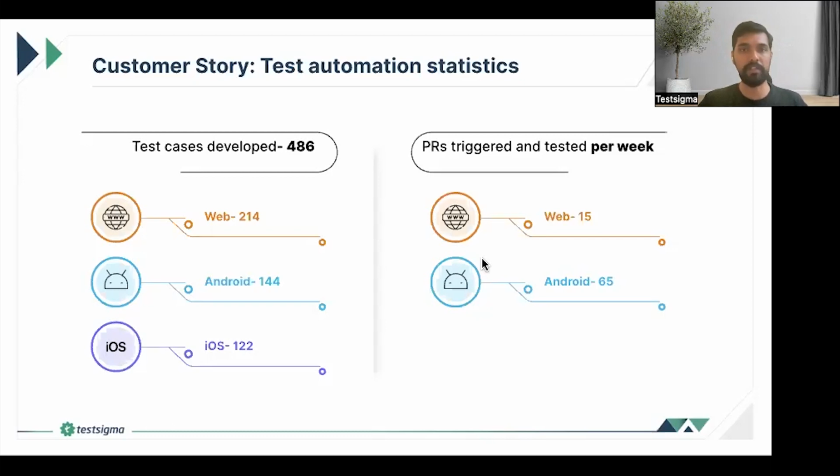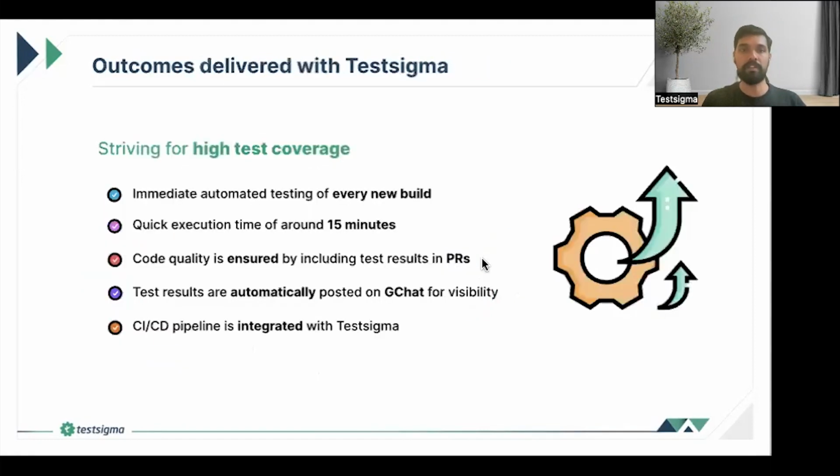And every week on the mobile side, they trigger about 65 PRs per week. And then on the web, they trigger about 15 PRs. And here's what you'll note. Every time a new PR, every time a new build is triggered, it is automated in a time of about 15 minutes. In about 15 minutes, their critical paths are all covered.